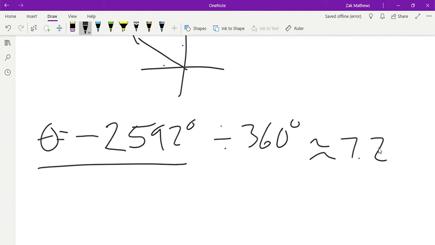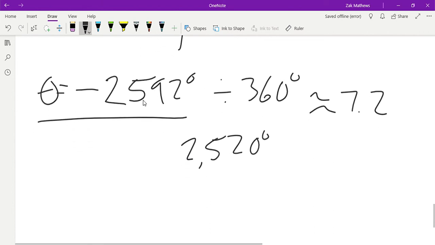So let me take 7 times 360. That is 2,520 degrees worth of rotation that we've accounted for in those 7 rotations. So 7 full rotations accounts for 2,520 degrees, which would leave me, if I subtract these two things, negative 72 degrees.